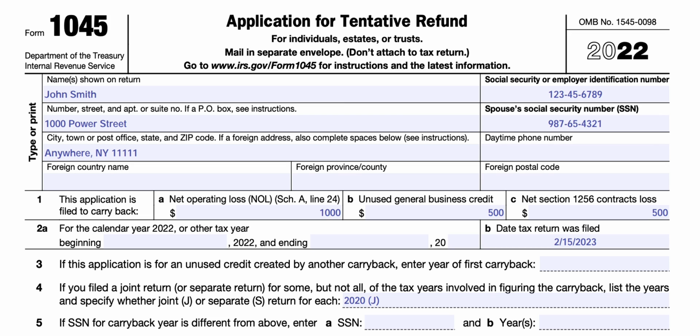Individuals, estates, and trusts will generally use Form 1045 to apply for a quick tax refund resulting from one of the following: A, the carryback of a net operating loss; B, the carryback of an unused general business credit; C, the carryback of a net Section 1256 contracts loss; or D, an overpayment of tax due to a claim of right adjustment under Section 1341(b)(1).